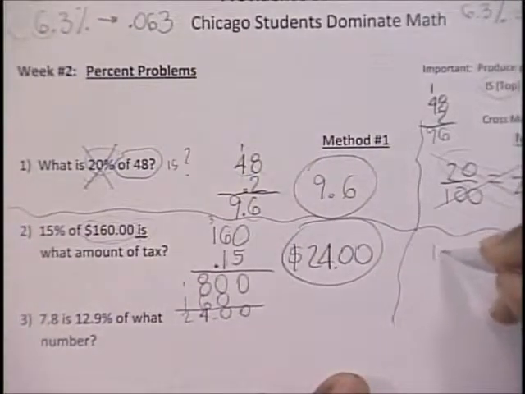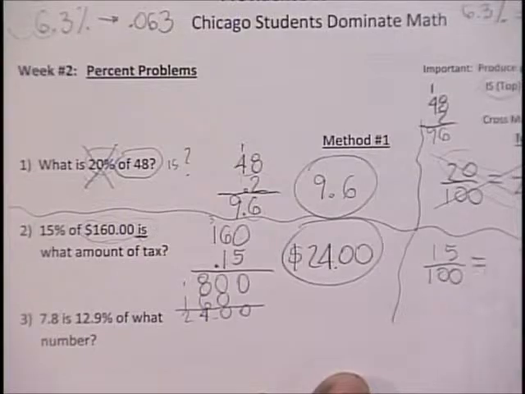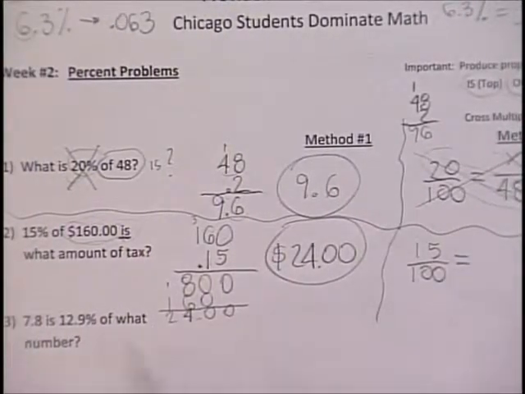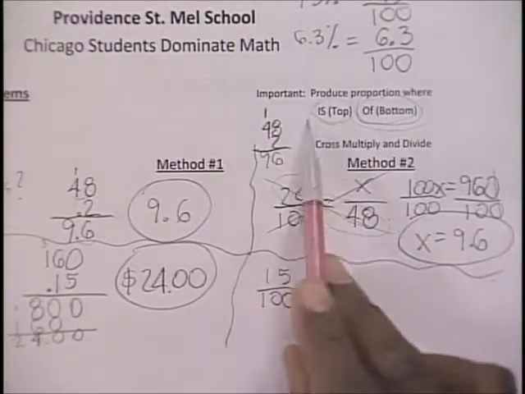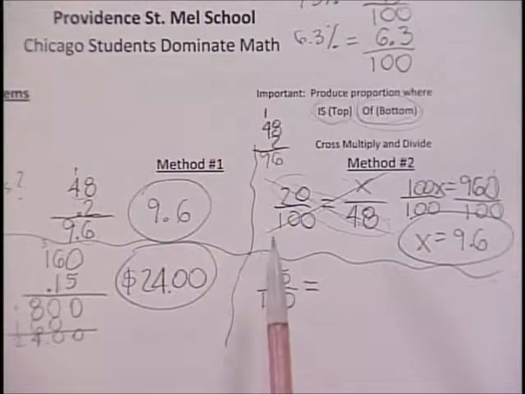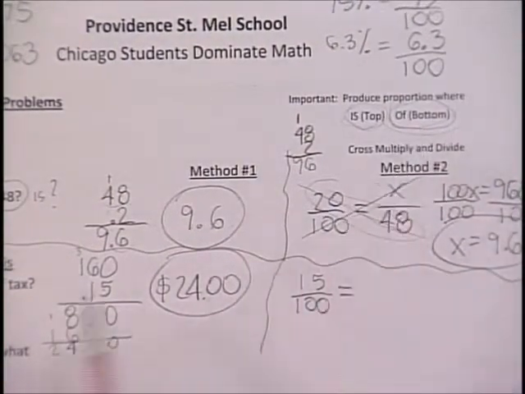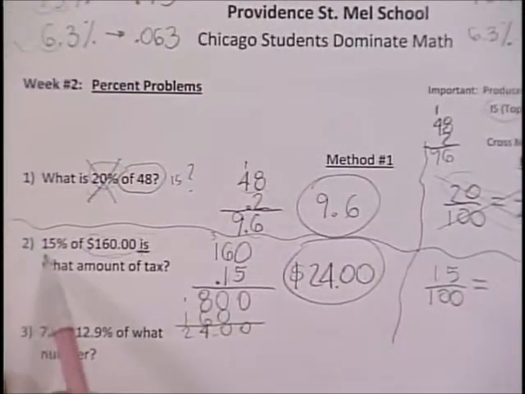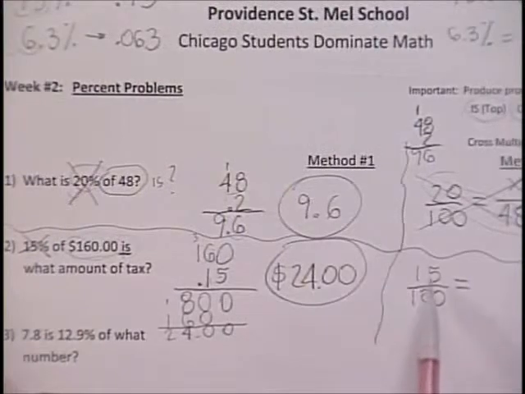So you got 15 over 100 is equal to, all right, so once again, you focus on the key words. Is top, is top, is top. Whatever number is associated with is goes on the top, and the number associated with of goes on the bottom. We have 15% of, we dealt with that already because we already turned that 15% into 15 over 100. So cross that out.